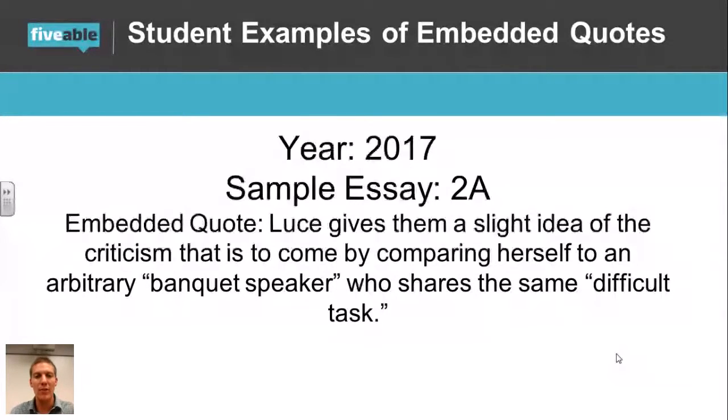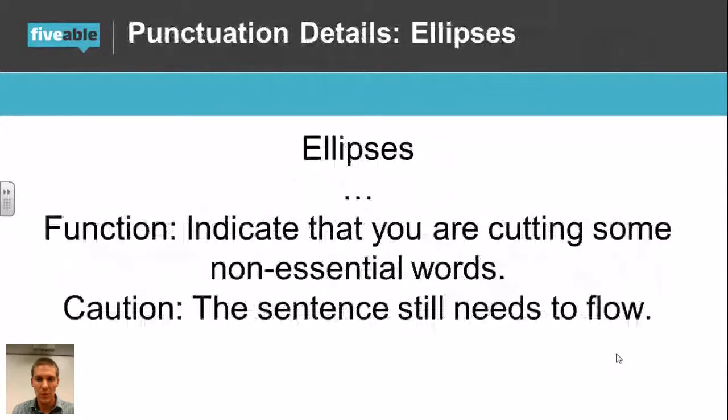Go back to where my freshmen start the year, right? For example, Luce says blank. It's very clear that they're just citing Luce here. It's not clear here. And that's actually effective writing because this student is in control of the language, not just saying, I'm going to quote Luce here.